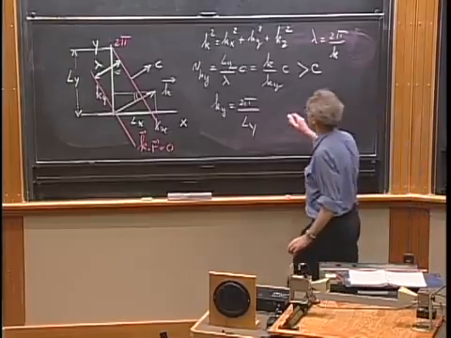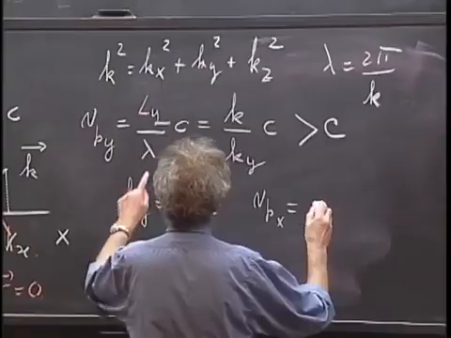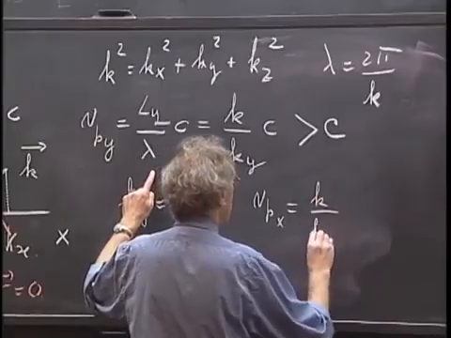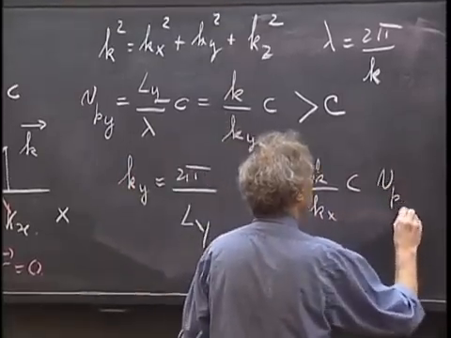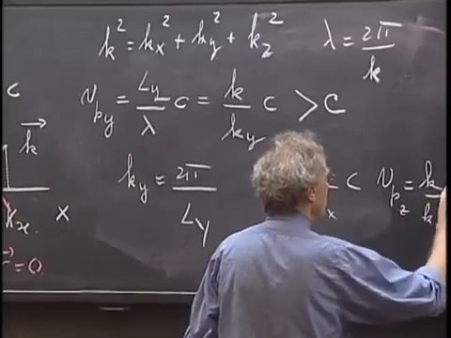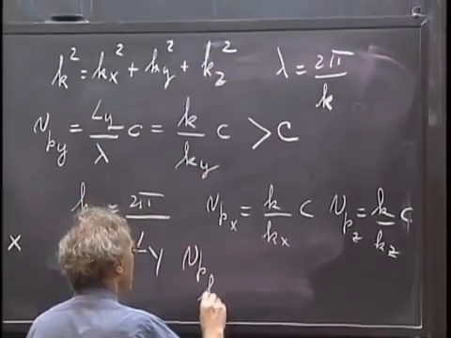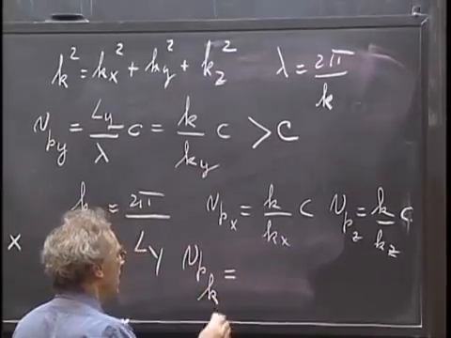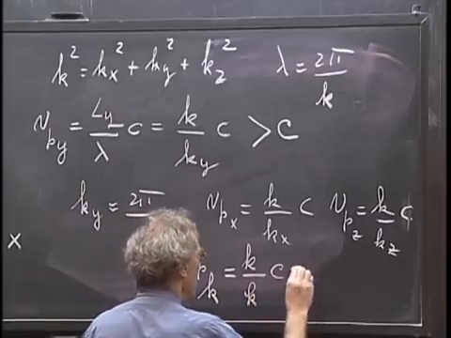And you will find then that the phase velocity in the x direction equals k divided by kx times c. And the phase velocity in the z direction is k divided by kz times c. And what is the phase velocity in the direction k? That is k divided by k times c, that is c.